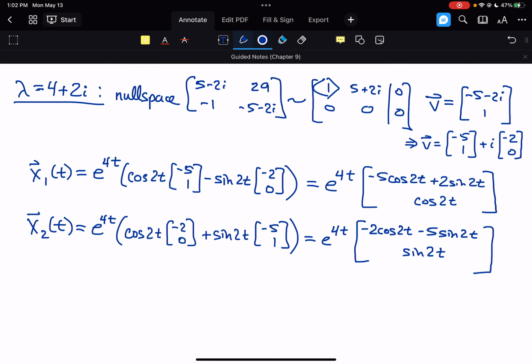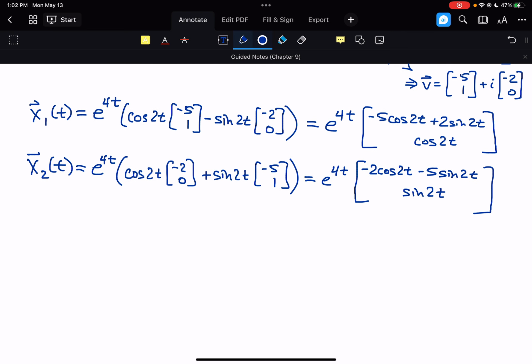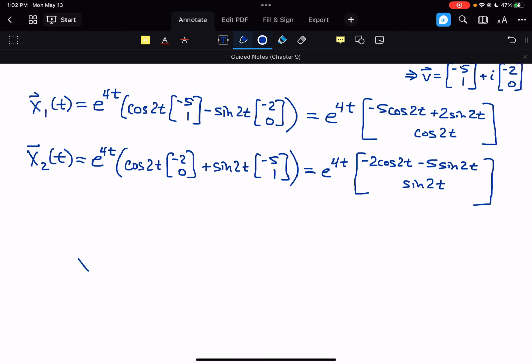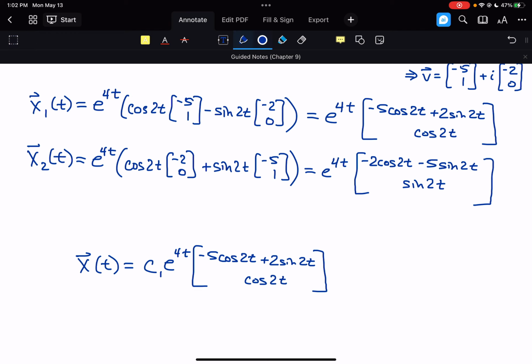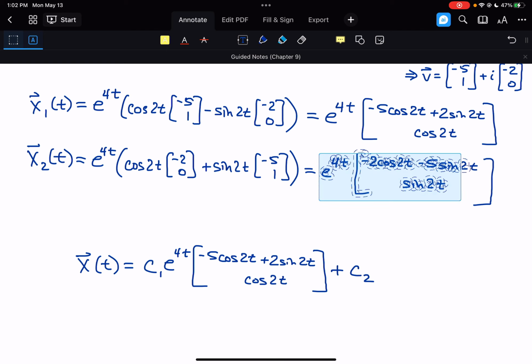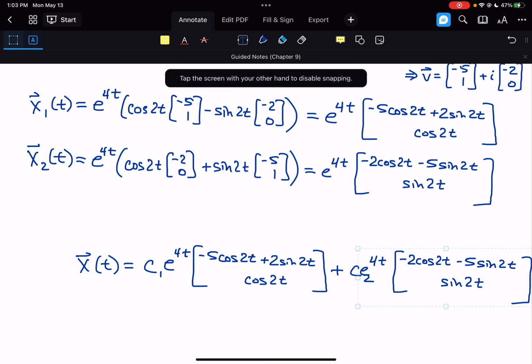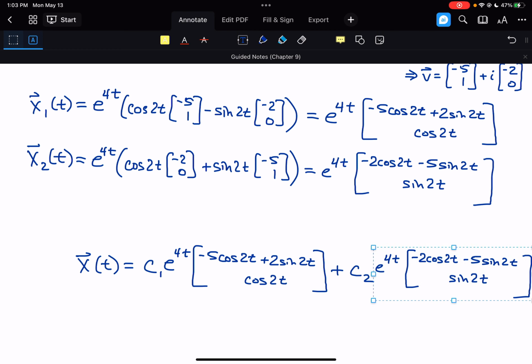So our general solution is just the linear combination of these two. So x of t is c1 e to the 4t times this, plus c2 e to the 4t with that second vector right there.